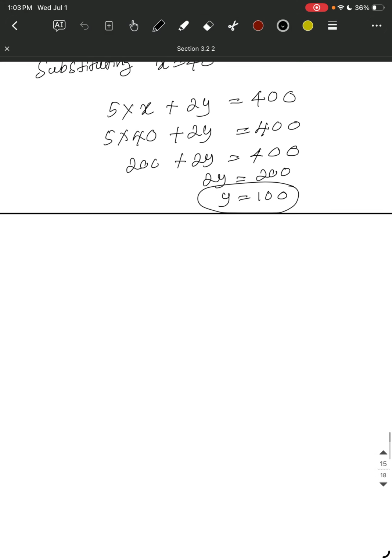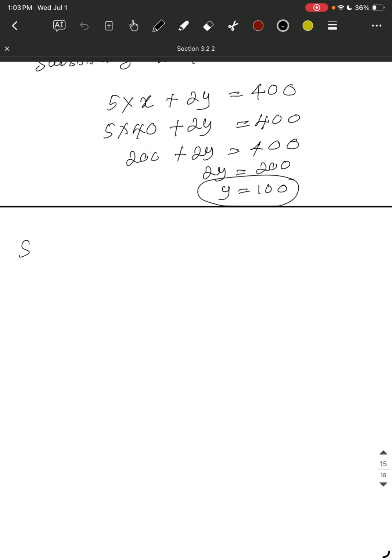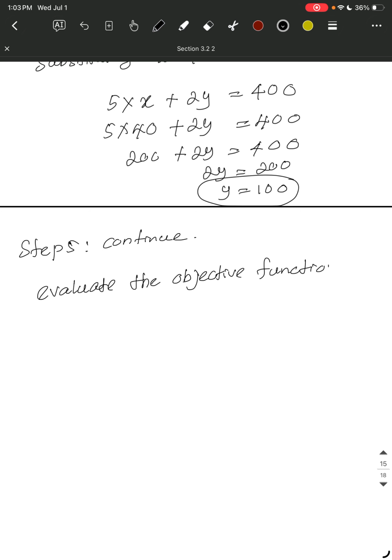We have the objective function. Step 5, continue: evaluate the objective function for every corner point.